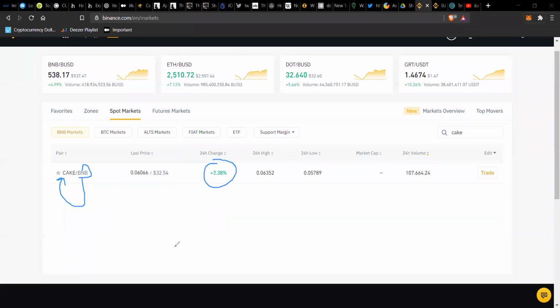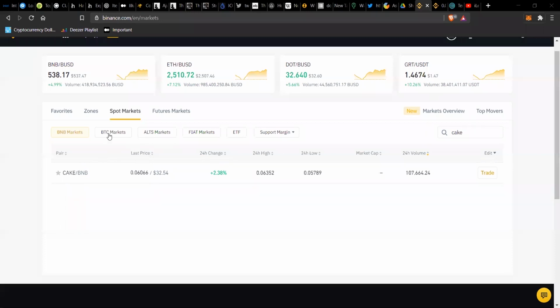So it is better that I sold my BNB and bought cake than I was holding that BNB at that point in time. So cake trading against BNB has given me a 2.38%. That is what this means.